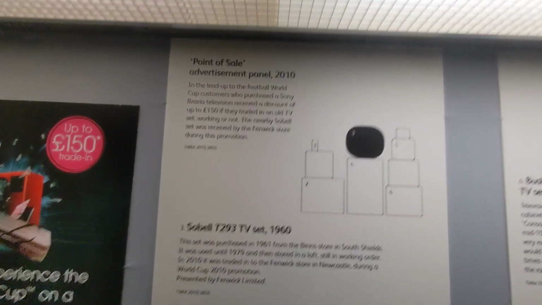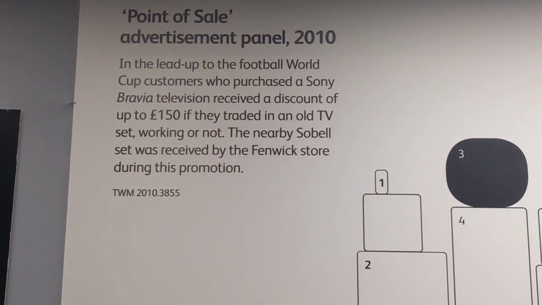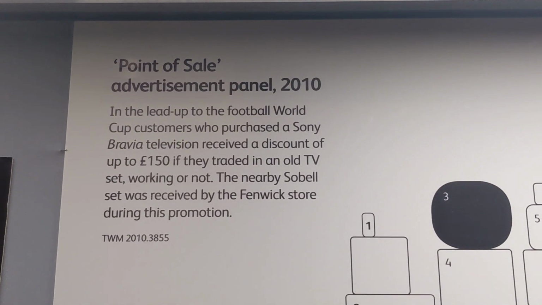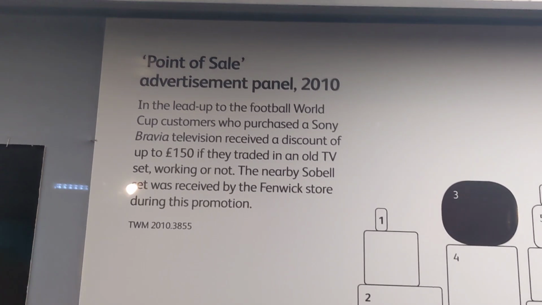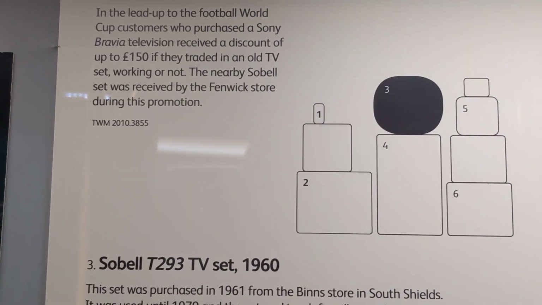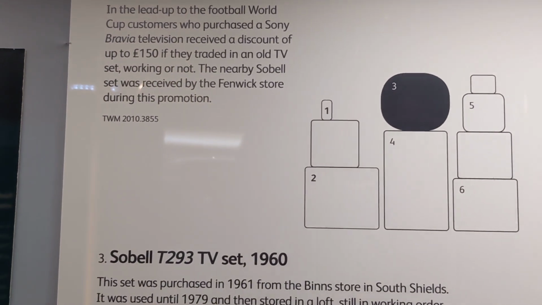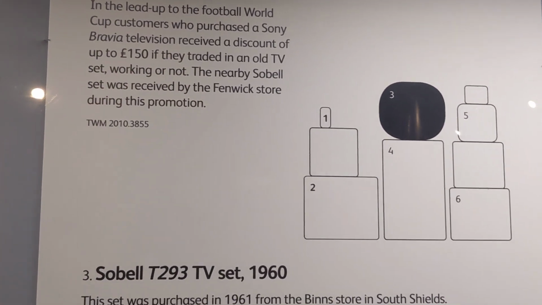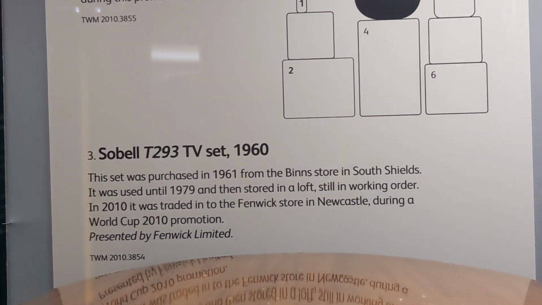Point of sale. Advertising panel, 2010. In the lead-up to the football World Cup, customers who purchased a Sony Bravia television received a discount of up to £150 if they traded in an old TV set, working or not. The nearby Sobel set was received by the Fenwick store during the promotion.